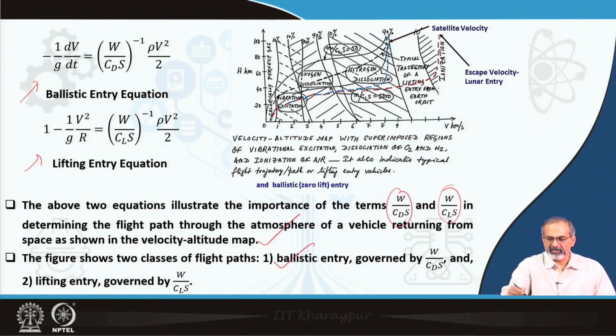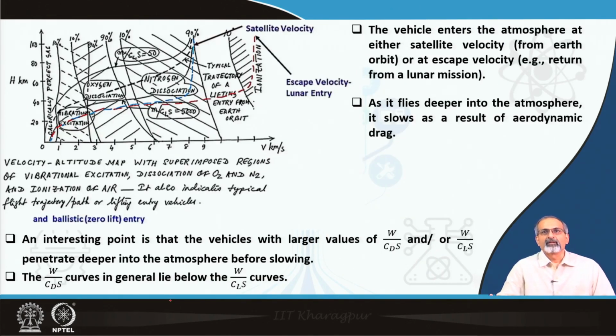One is ballistic entry, governed by the parameter W by CDS, and the lifting entry, governed by the parameter W by CLS. The vehicle enters the atmosphere at either satellite velocity from Earth orbit or at escape velocity, for example, return from a lunar mission or some other planetary mission.